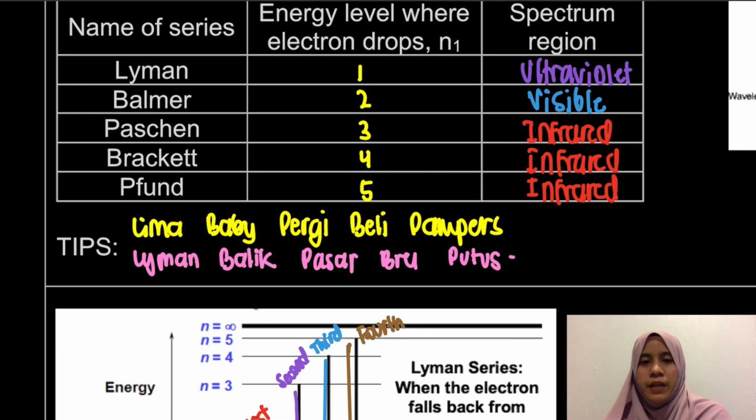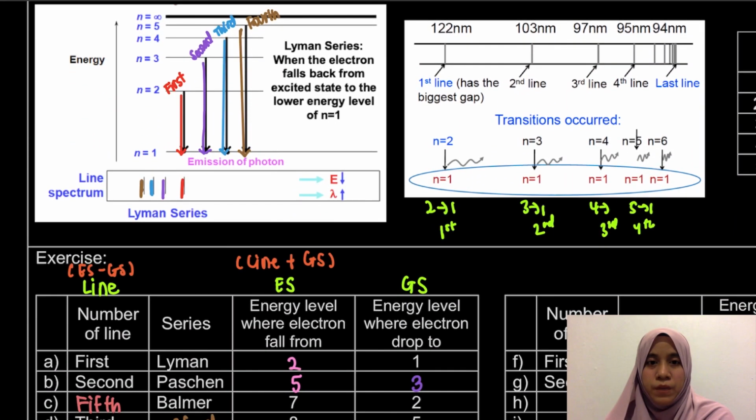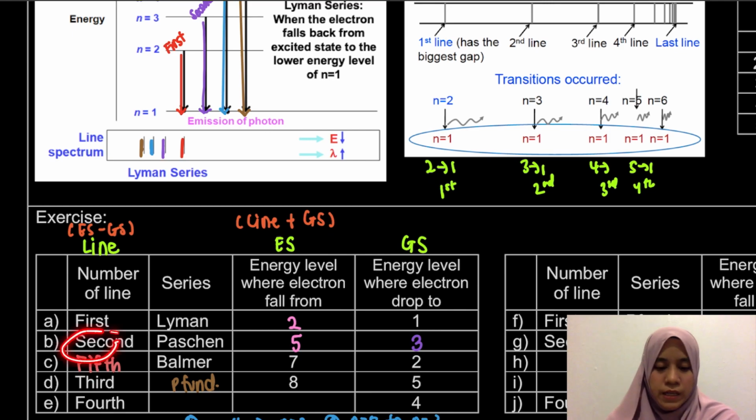Besides that, given, for example, the second line of a Paschen series, you must be able to know the excited state, the higher energy level, and the ground state, which depends on the line series.